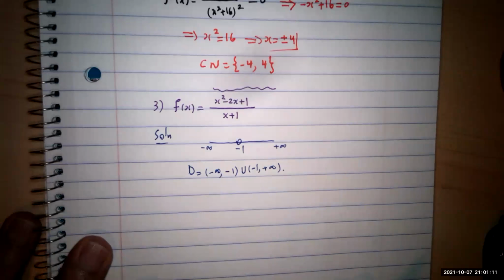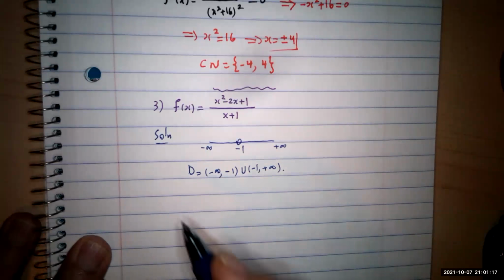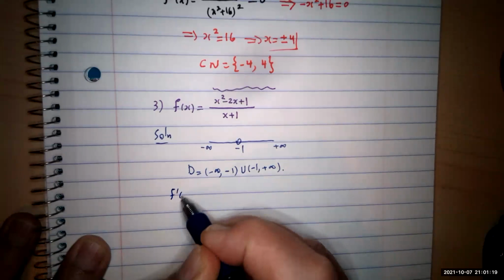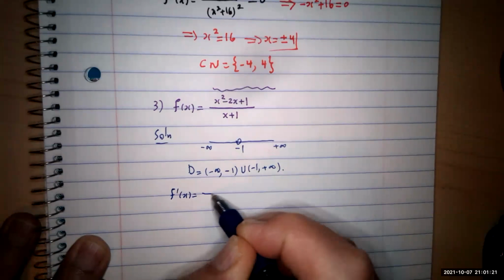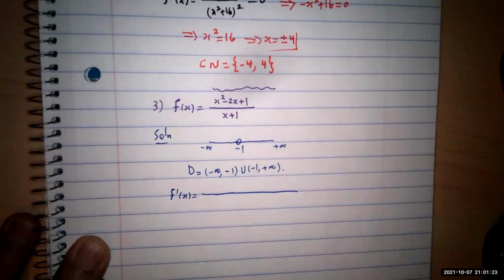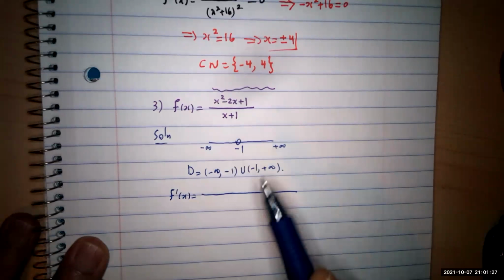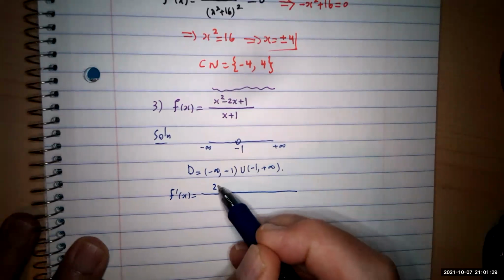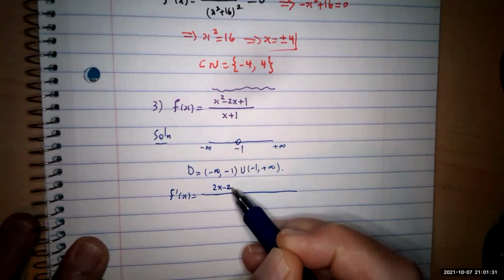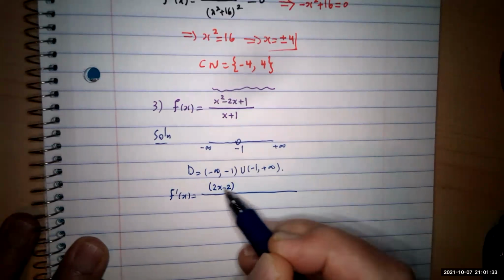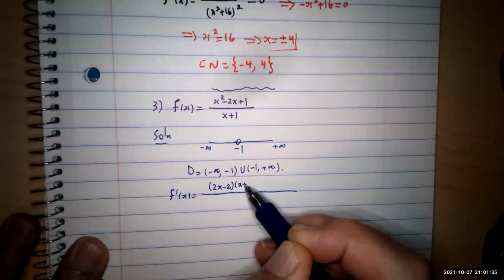Now we have to find the derivative f prime and then let it equal to 0. So we go with the quotient rule again, f prime of x is equal to the top times bottom. The top would be 2x minus 2, inside the parentheses, multiplied by the bottom, x plus 1.